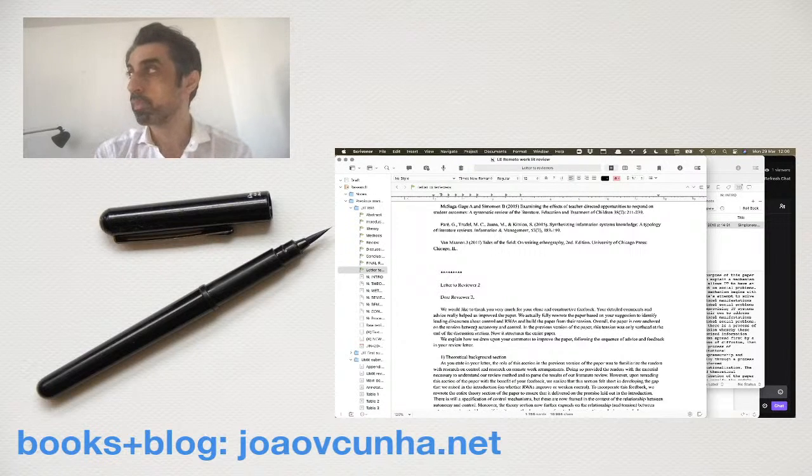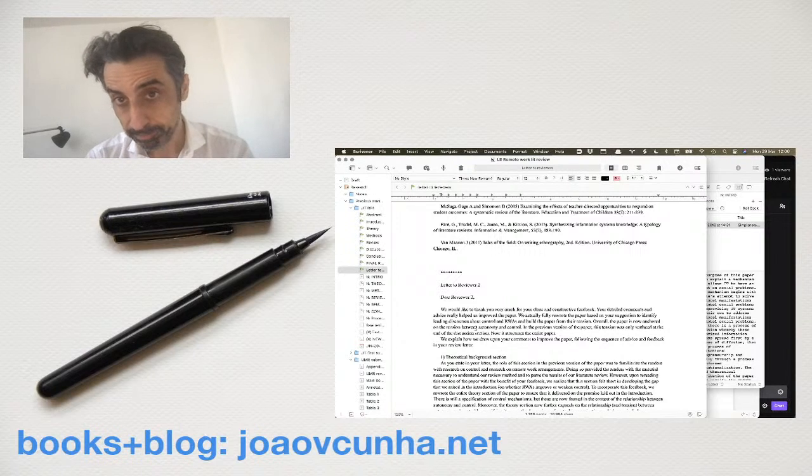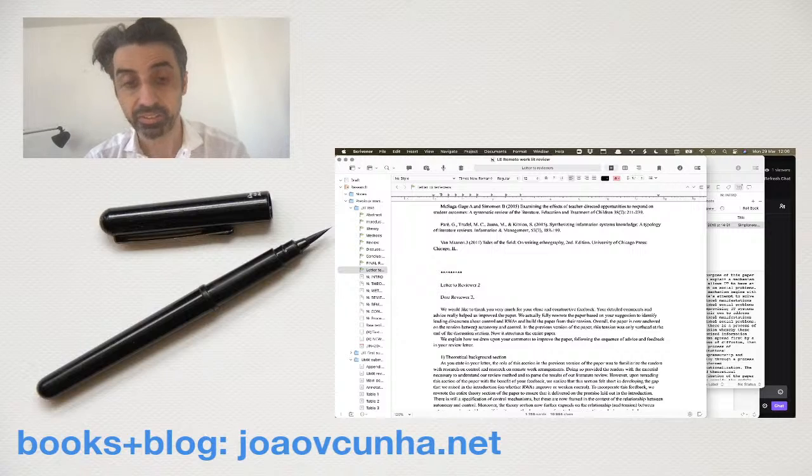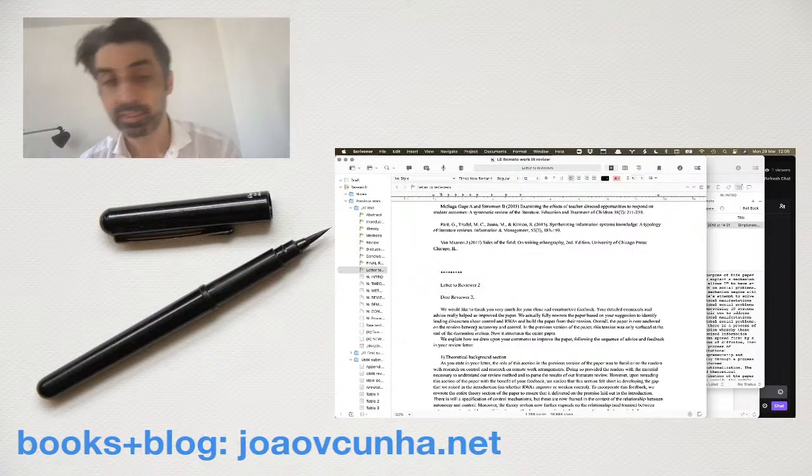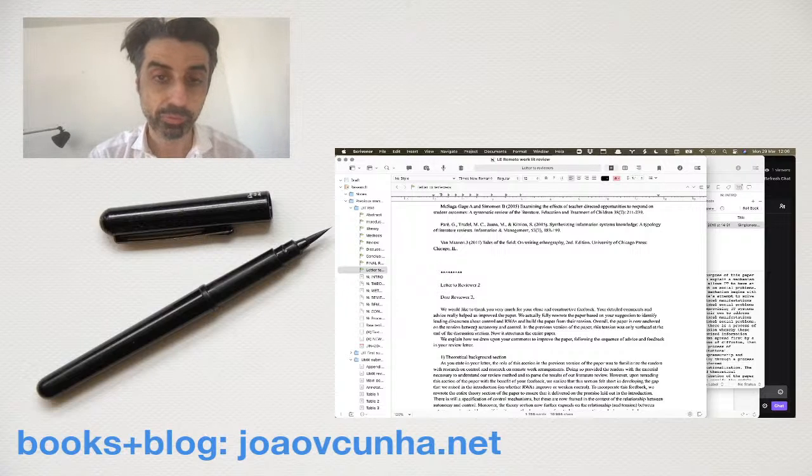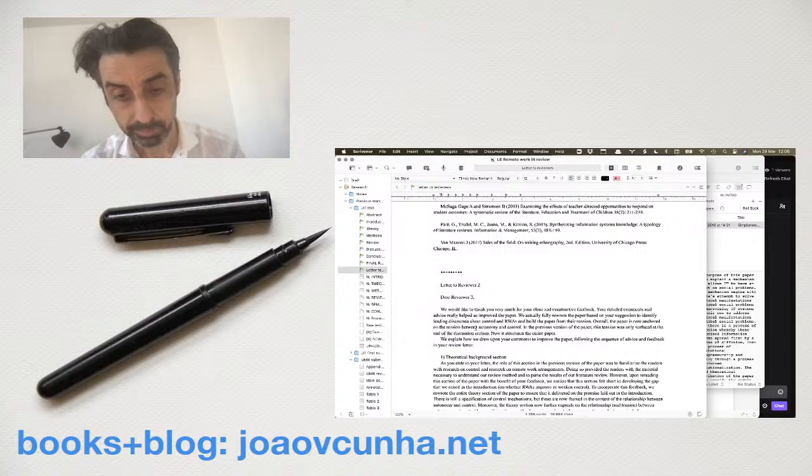Now, yeah, you are right. That is quicker for reviewers, but that assumes that reviewers are going to look at the letter that you wrote them to check what you have changed.